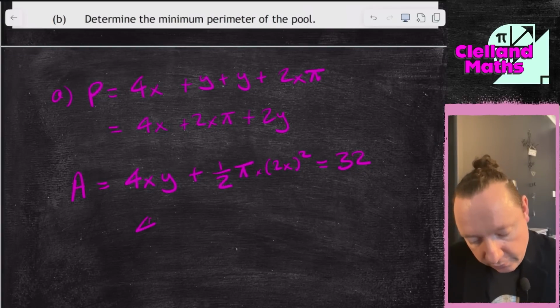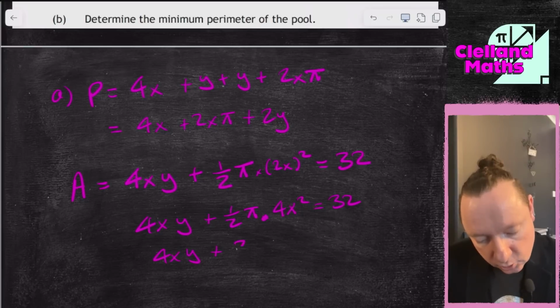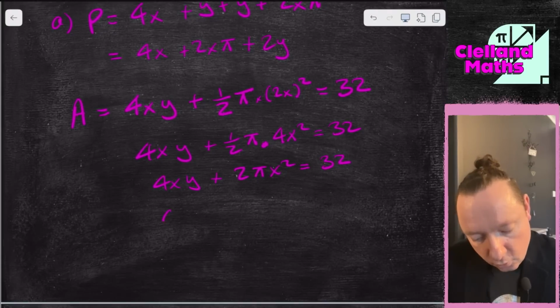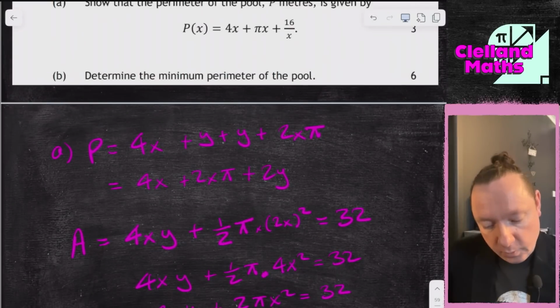So let's rearrange that. We get 4xy plus a half pi times 4x squared equals 32. So 4xy plus 2 pi x squared equals 32. So 4xy, because I want to make y the subject, equals 32 minus 2 pi x squared. So dividing by 4x, y equals 32 minus 2 pi x squared all over 4x. So now we can sub that y back into our perimeter.